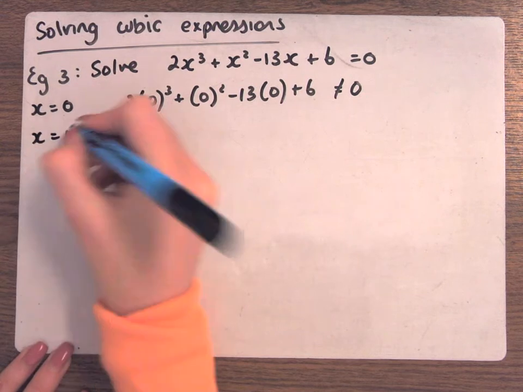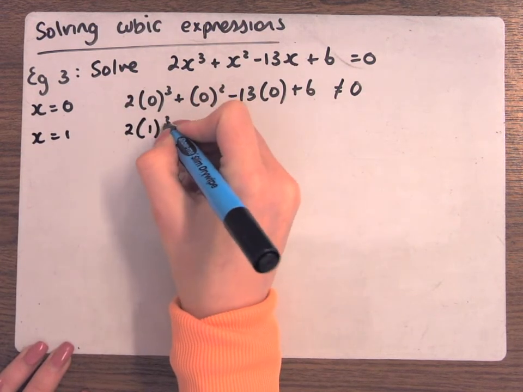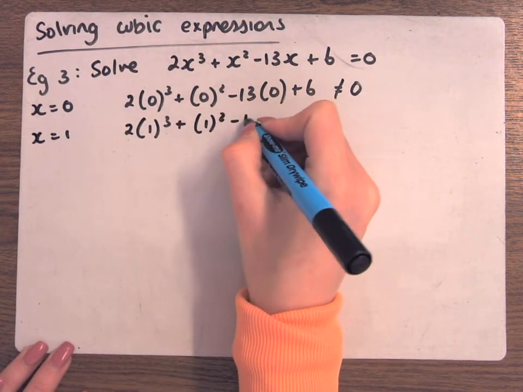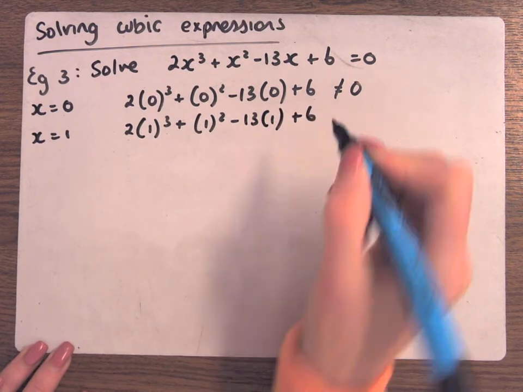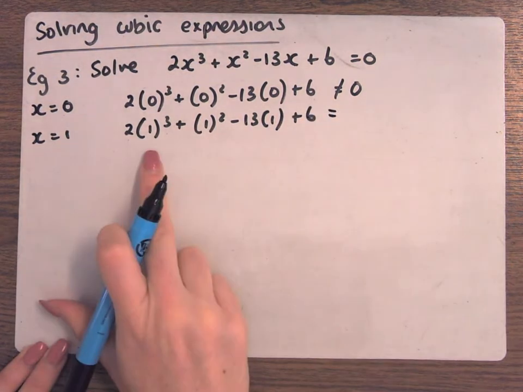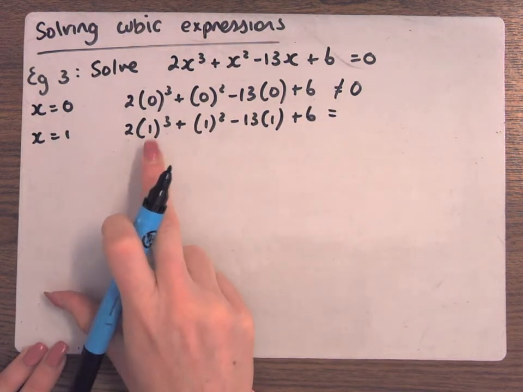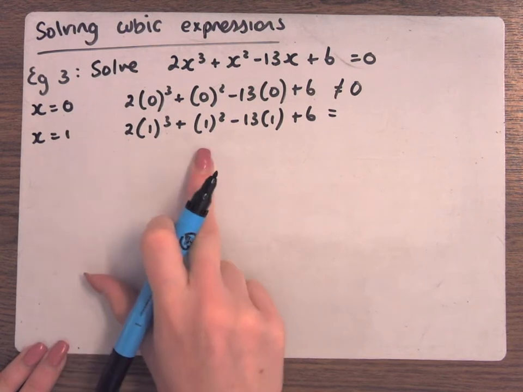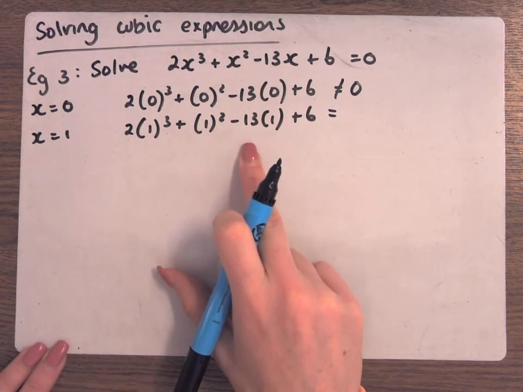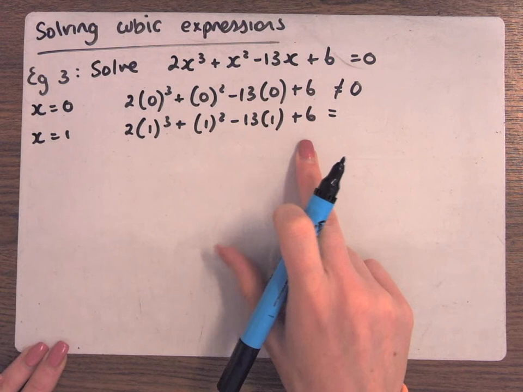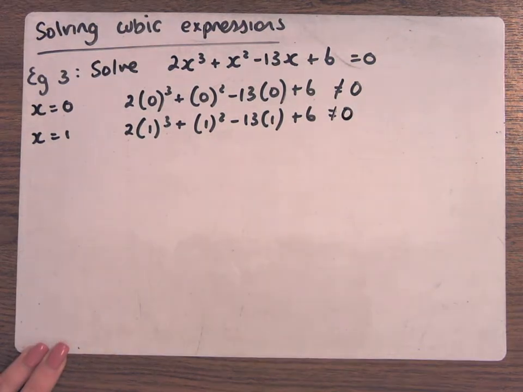Okay, so I'm going to do 1 next, and see what it equals. So that's 1, 2 ones is 2, plus 1 is 3, minus 13 is minus 10, plus 6 is minus 4. Not equal to 0. That's not a root.